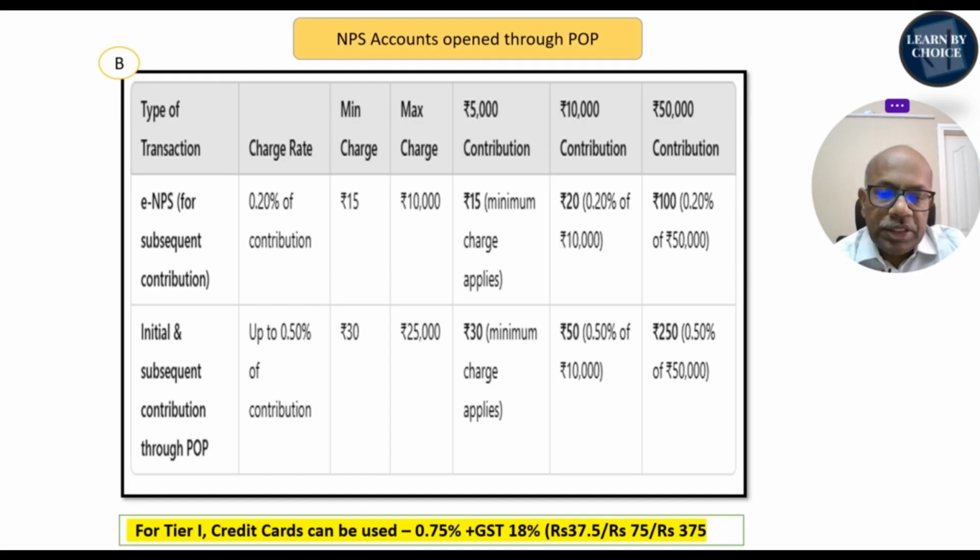They are the payment collection agencies. You pay 0.75% plus GST 18%. So for 5,000 rupees, you will be paying 37.5 rupees plus GST. And for 10,000 rupees, you will be paying 75 rupees. And for 50,000 rupees, you will be paying 375 rupees plus GST 18%.